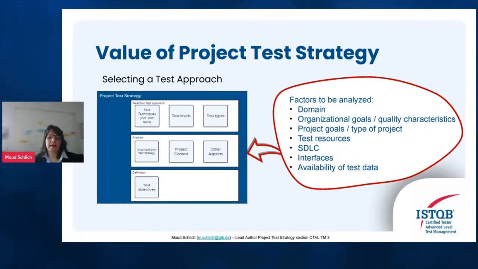Another very important factor you need to analyze is the software development lifecycle. And this is not about just saying Scrum, Kanban, waterfall, whatever. It's really about looking into your company, looking into how you interpret these software development lifecycle models and what is specific concerning the testing and, therefore, the test strategy you need to come up with.